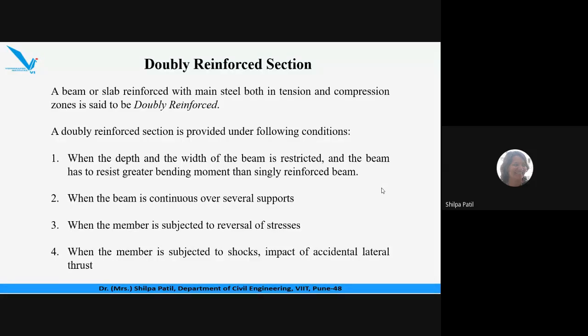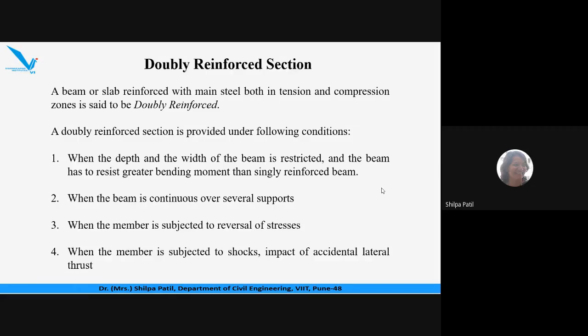Now if the dimensions of the beam cannot be changed because of restrictions related to architectural appearance, we need to restrict the depth and width of the beam.